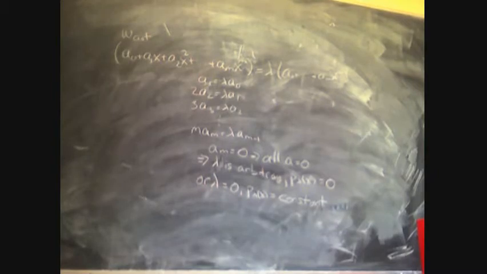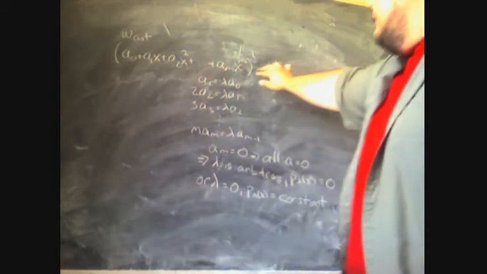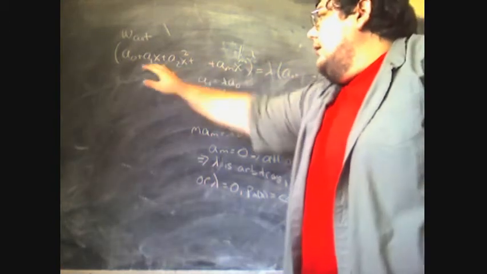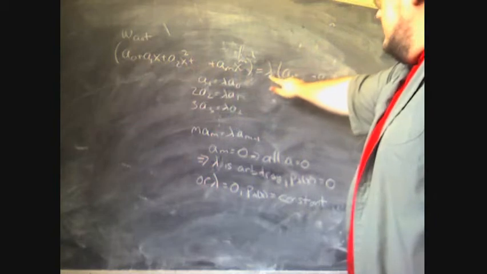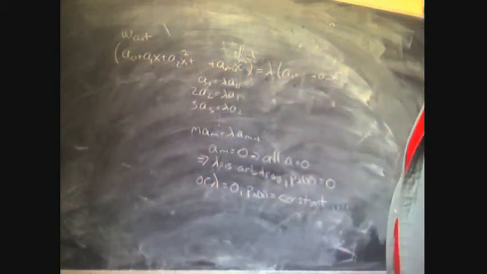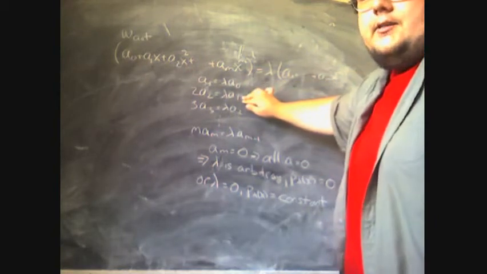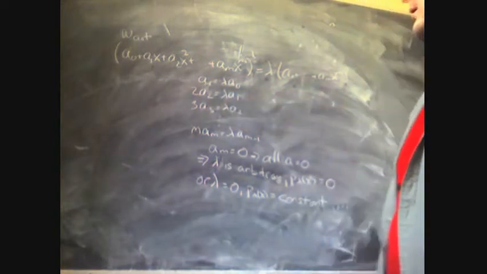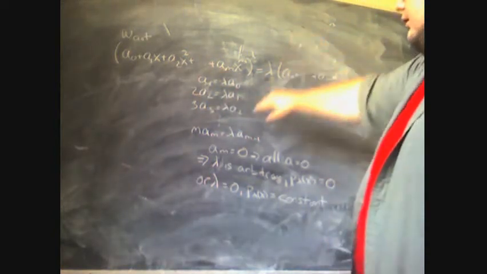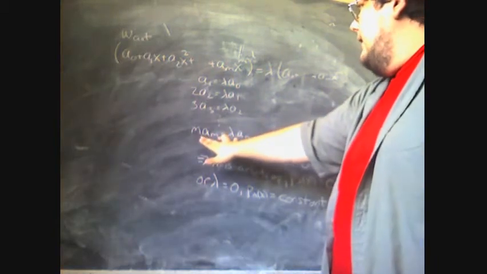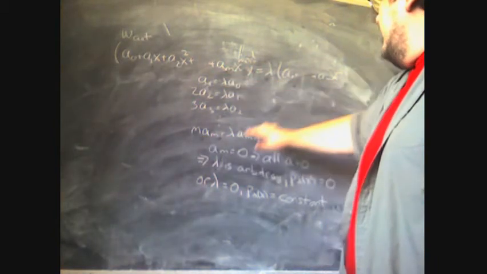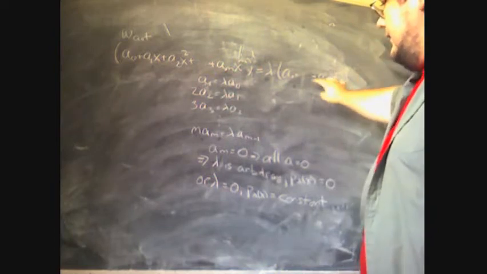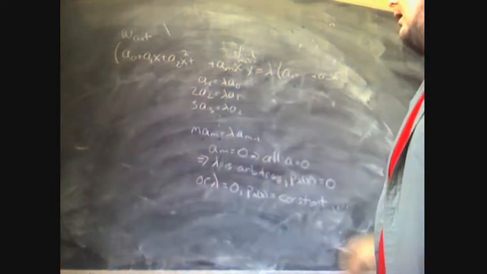So this one's not too bad. Basically, we just have to take our term-by-term differentiation, try and match up our terms. So if we take the derivative on the left side, we'll have a1 as a constant, which we have to match up with lambda a0 on the right side. So matching up our powers together, we get 2a2 equals lambda a1, 3a3 equals lambda a2, etc., all the way down to our last term, where we have m times a_m has to equal a_(m-1) times lambda.